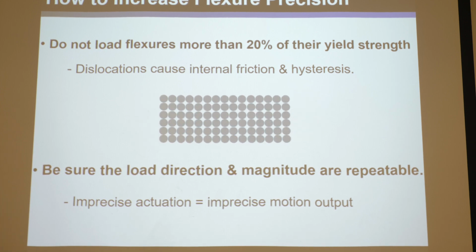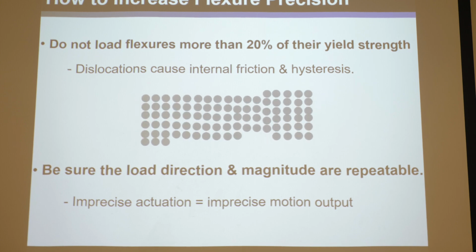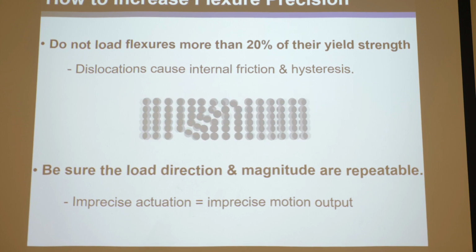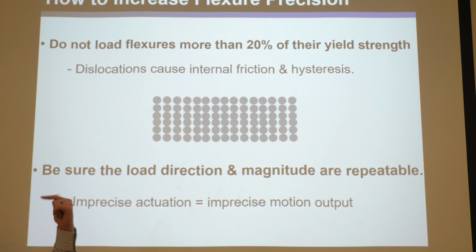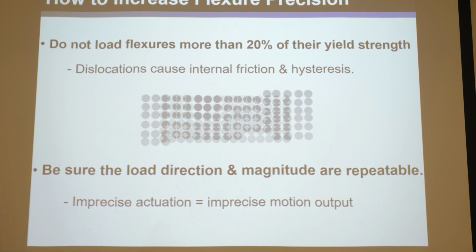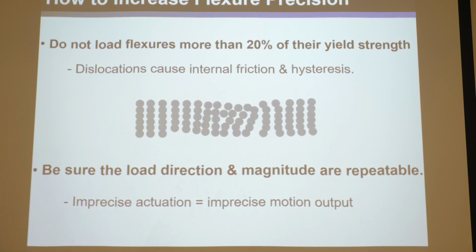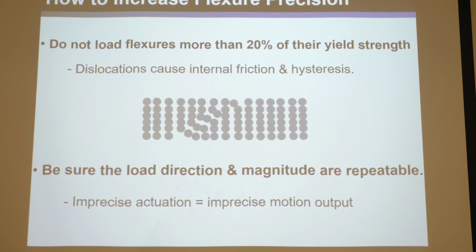And that actuator is not repeatable. So make sure your actuator is high precision, that's going to push the flexure, and make sure its load direction is repeatable. Every time you push on it, it doesn't change something about it. It always pushes in the same direction and same magnitude in a repeatable way. So make sure your actuators are precise too.